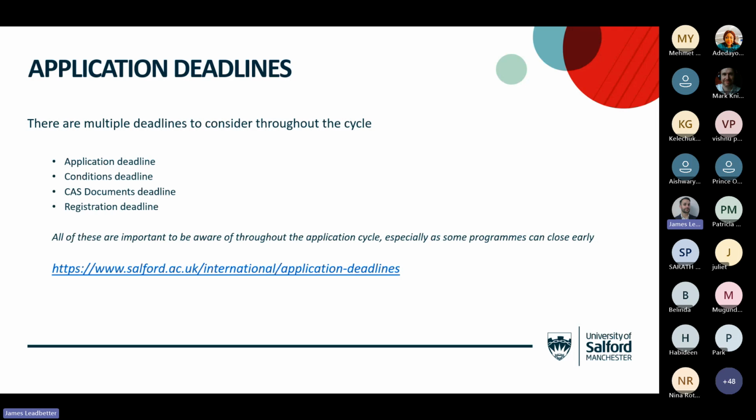We have a CAS request and documentation deadline, and we have a registration deadline as well. So all of these are really important to be aware of throughout the cycle. It's particularly important as in the last few years, we've had some programs that have been very, very popular and have filled up early. So to check out our application deadlines, we do publish this all online. We list which programs are still open. So it's worthwhile having a check through that as you're going along.